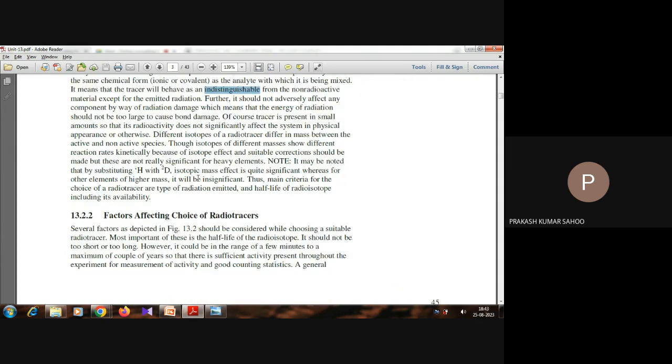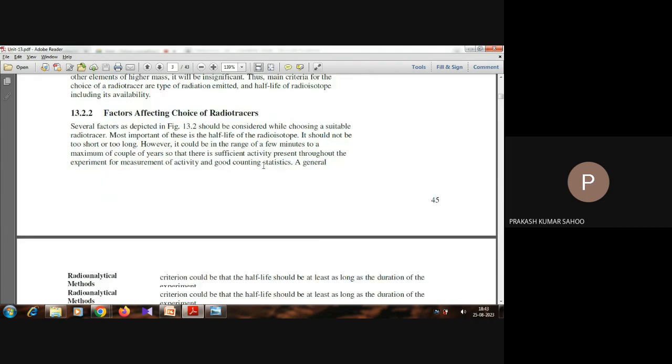Substituting hydrogen with deuterium, the isotopic mass effect is quite significant, whereas for other elements of higher mass it will be insignificant. So if I use radioactive deuterium in place of hydrogen for any radioactive reaction, then this will not have a significant effect. So these things we have to look after.